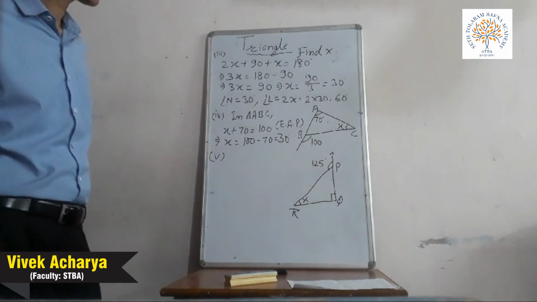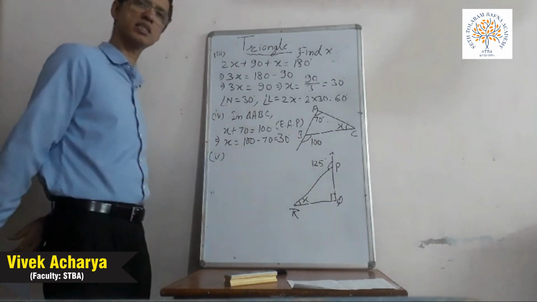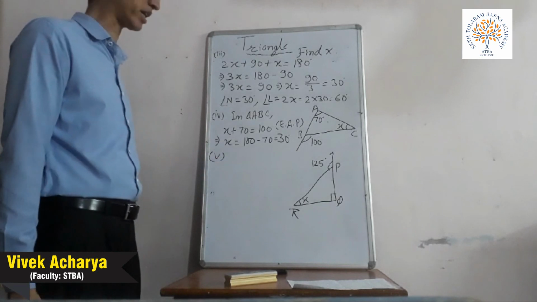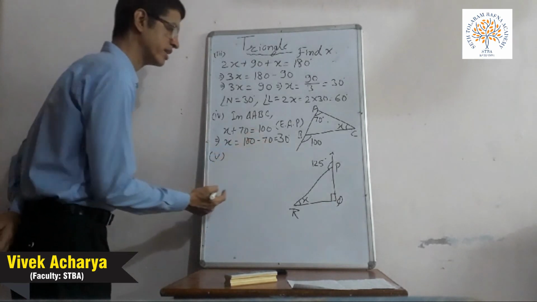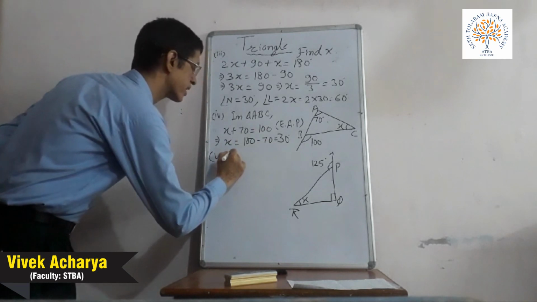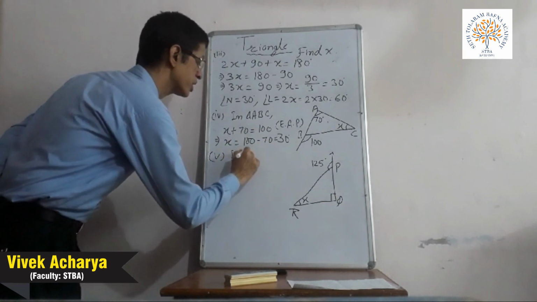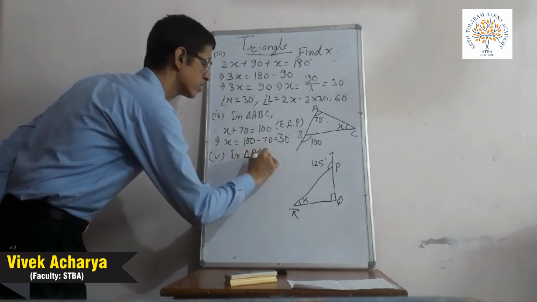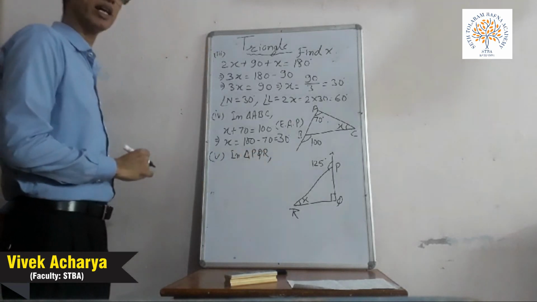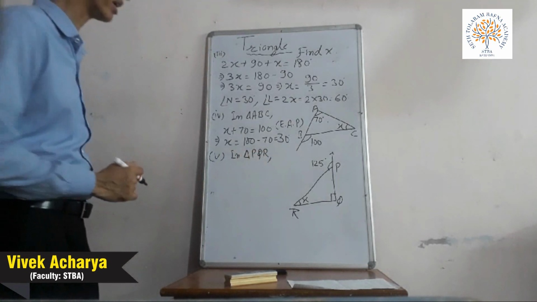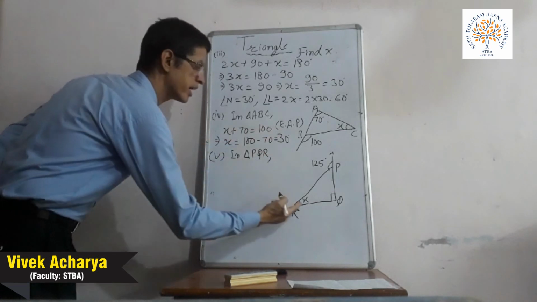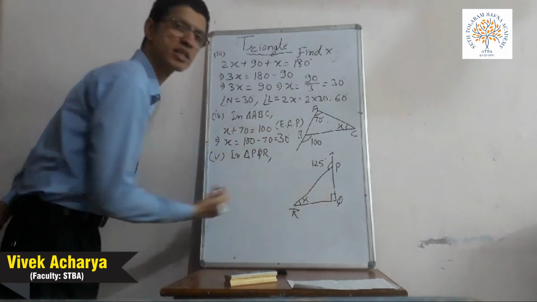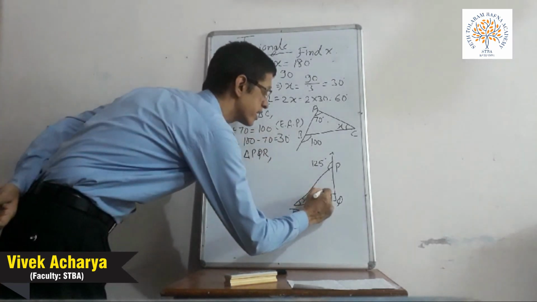Now children, using again the same property, exterior angle property, in triangle PQR, using the exterior angle property, it is angle X plus 90 degrees because this is 90.